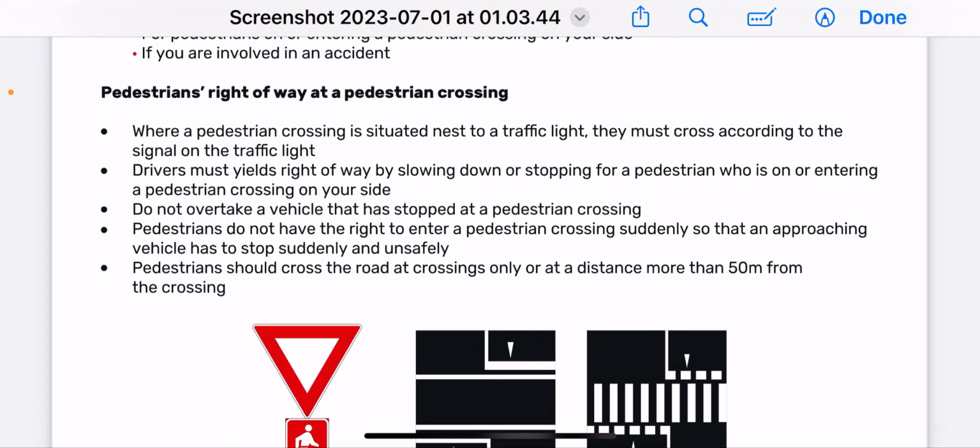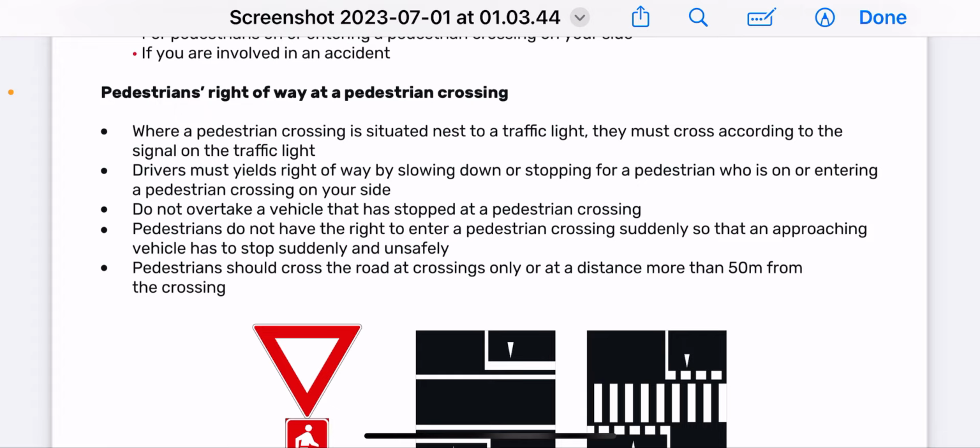Drivers must yield right of way by slowing down or stopping for a pedestrian who is on or entering a pedestrian crossing on your side. Do not overtake a vehicle that has stopped at a pedestrian crossing. We had covered that also. Pedestrians do not have the right to enter a pedestrian crossing suddenly so that an approaching vehicle has to stop suddenly and unsafely.